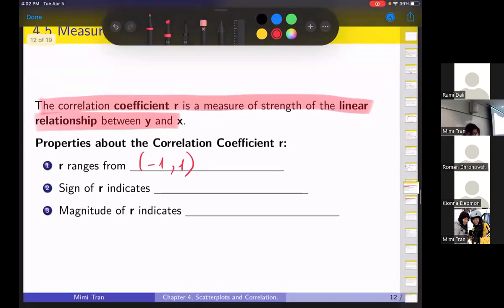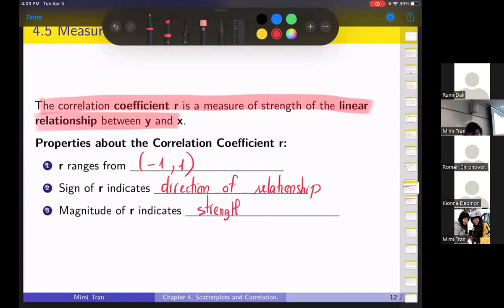The sign of R indicates the direction of the relationship, and the magnitude of R indicates the strength.